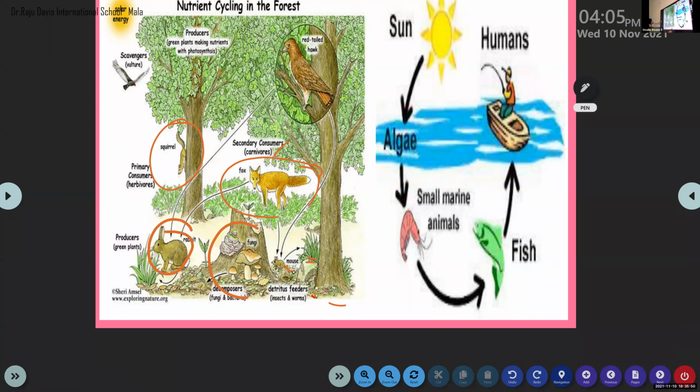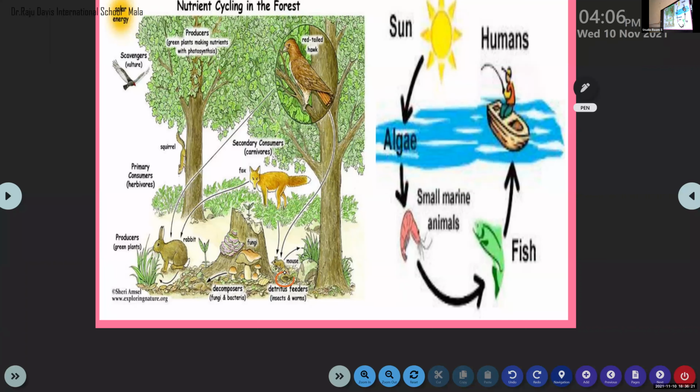Ma'am, what is detritus? Near the mouse there's a word detritus. There are some small insects and things there. Have you seen some worms, greenish and yellowish in color, on the plants?